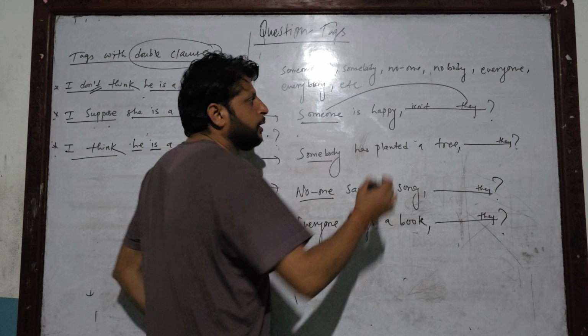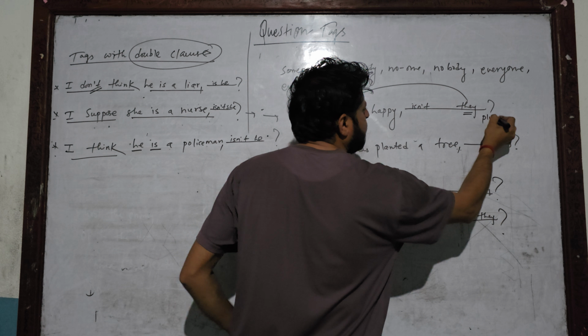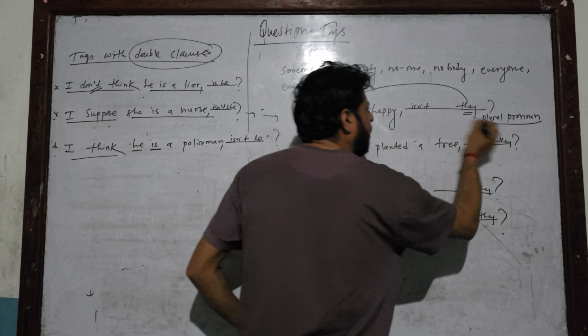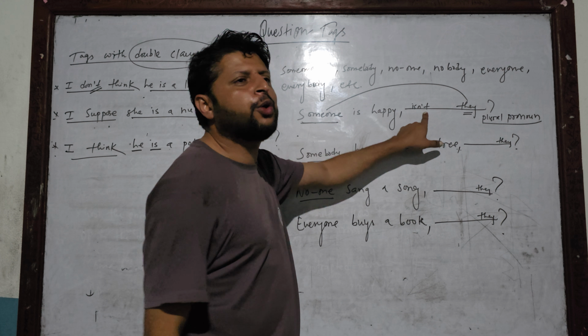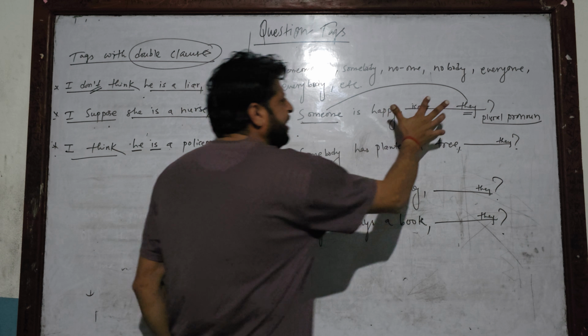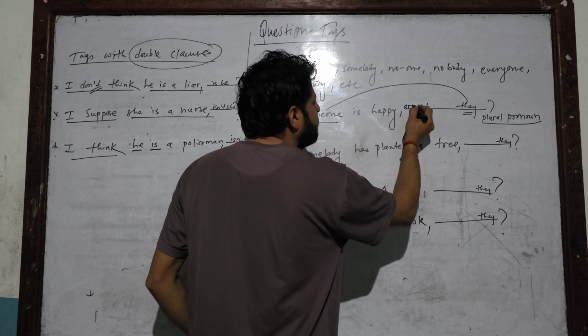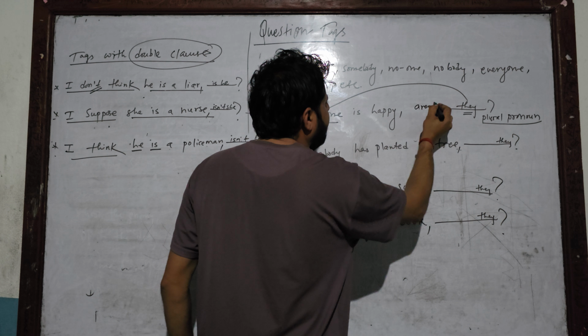Okay, so see here, generally this they here is a plural pronoun. And a plural pronoun does not agree with a singular verb. So instead of writing isn't here, what we write here is, aren't they?